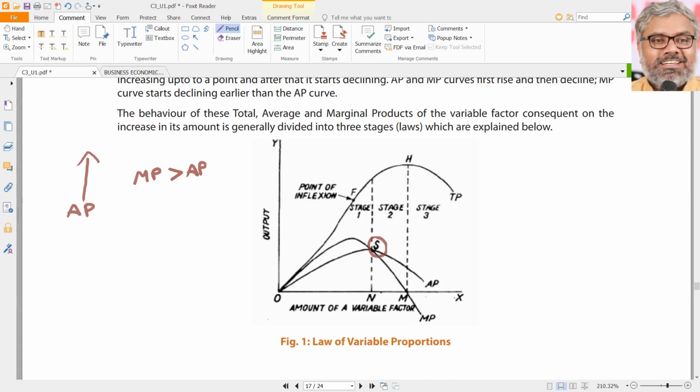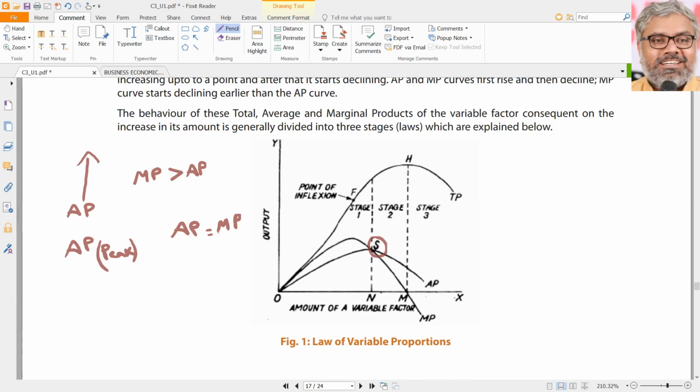Second point, when the average product is at the maximum, at its peak, at that level, average product is equal to marginal product. That is point S in this case. So when the average product is at its maximum, average product is equal to marginal product, and the marginal product line cuts the average product curve from above.